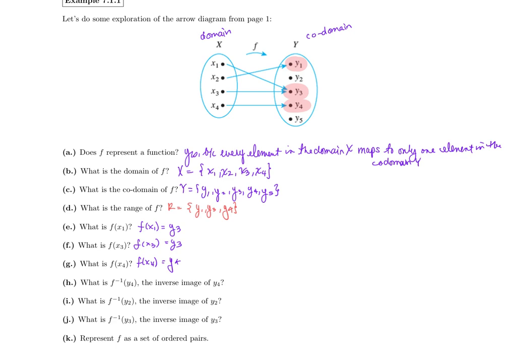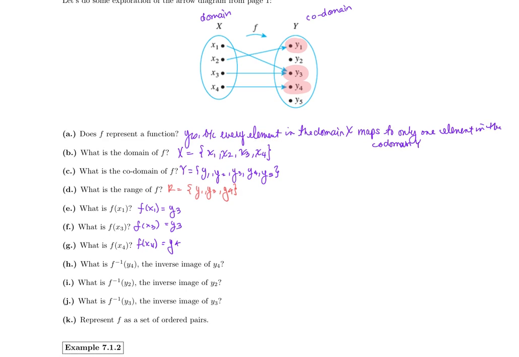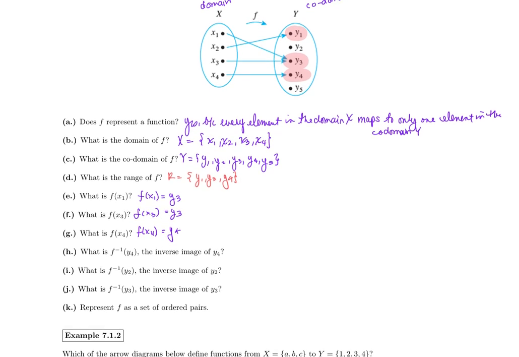So none of this is particularly new in terms of function notation or things that we know about functions. What might look slightly different are the questions I'm asking in H, I, and J. In H, I said, what is f inverse of y4? The inverse image of y4.